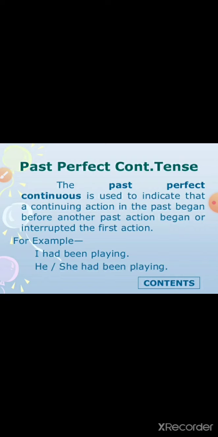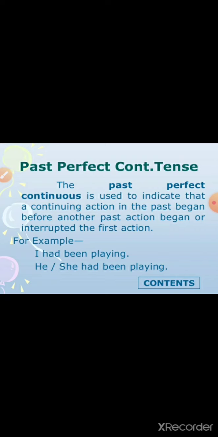So, I had been playing. She had been playing. I had been teaching you since morning, for example. I had been teaching you since 2019 or 2018, like this.